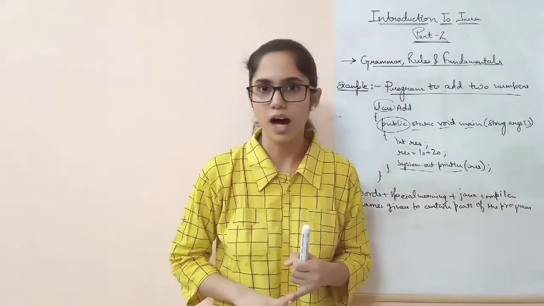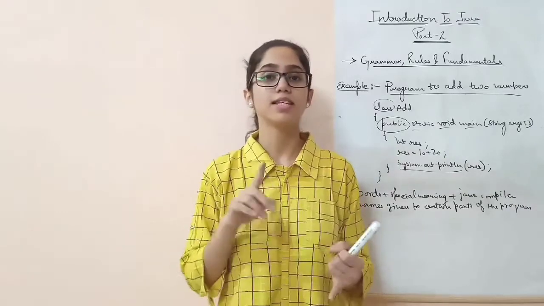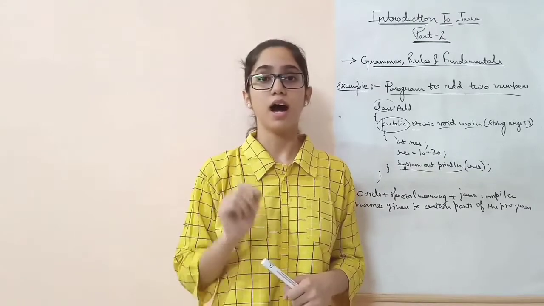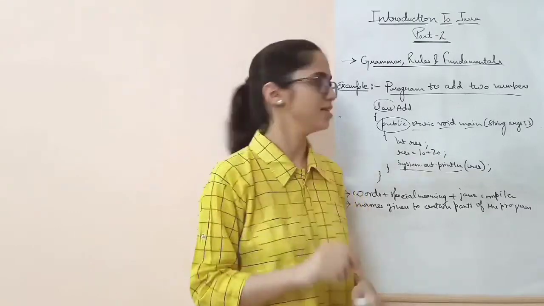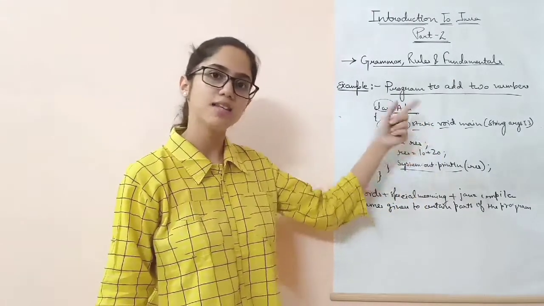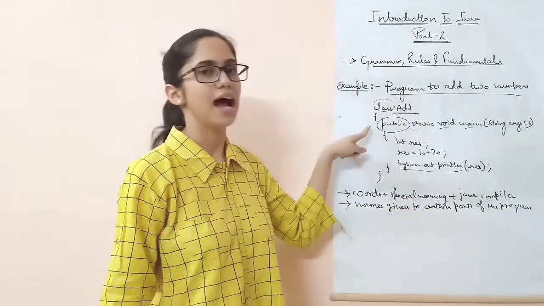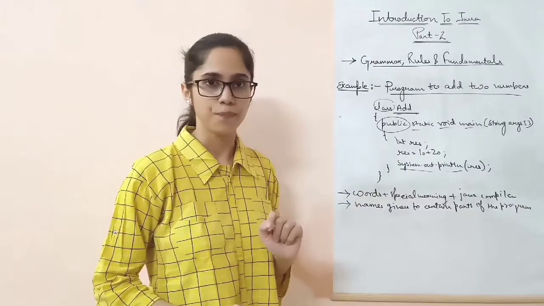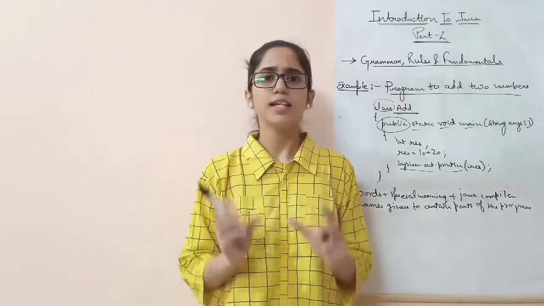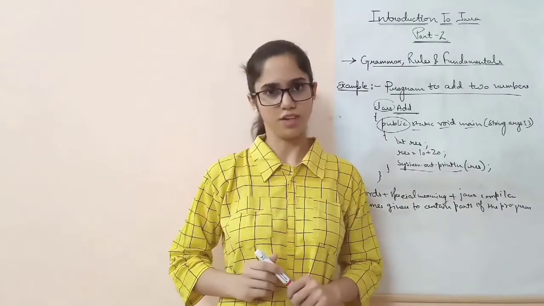Names given to class, names given to methods, arrays, objects, all these names are called identifiers. Like add, class add. Add is the name of the class. This add is an identifier. Why? Because it doesn't have any particular meaning to the compiler. It is simply a name that we have given.